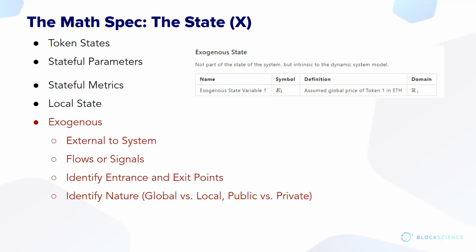That's part of why we have cadCAD: to allow us to model those and do Monte Carlo simulations to test some of those assumptions about what is happening in the outside world.